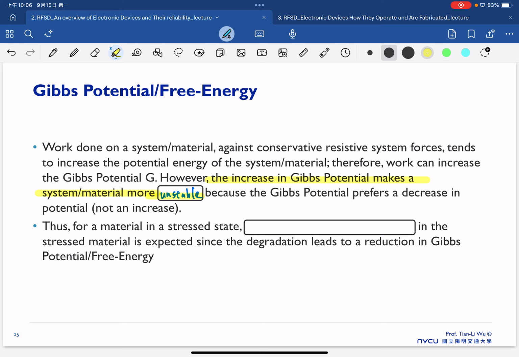Because the Gibbs potential prefers a decrease in potential, not an increase.